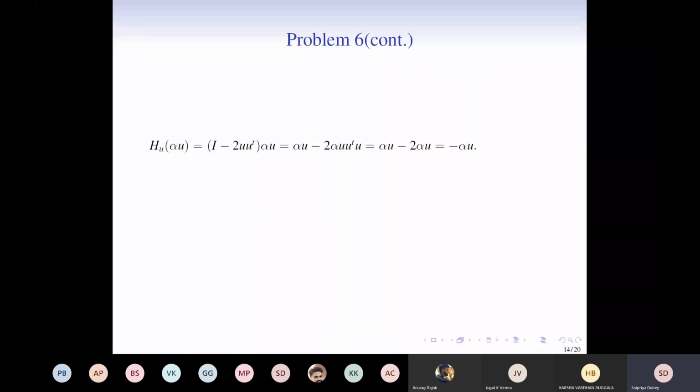Next, we have to calculate how HU acts upon alpha U. So for any arbitrary alpha in R, what does HU do to alpha U?